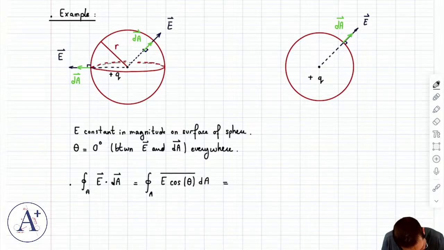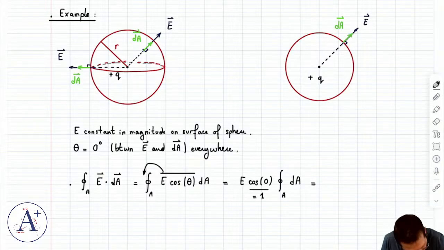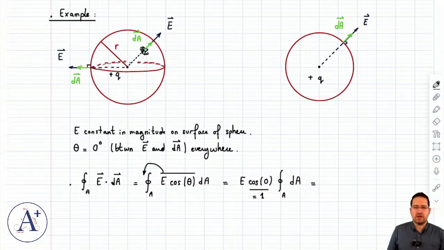E and cosine theta are constant on the surface of the sphere by symmetry. So I get E cosine theta, but theta is just 0, right? So it's E cosine of 0, which by the way is equal to 1, so that's nice, times the integral over the closed sphere of dA. Okay, and again, dA is the little piece of area here through which we fit one single field line.